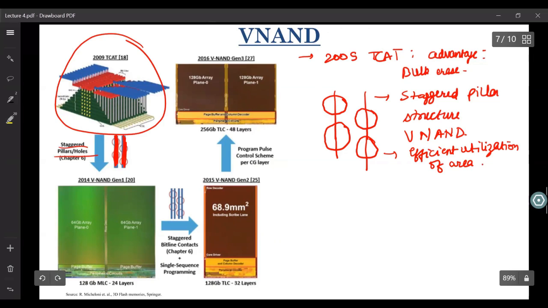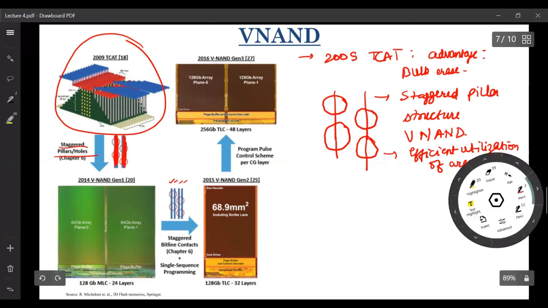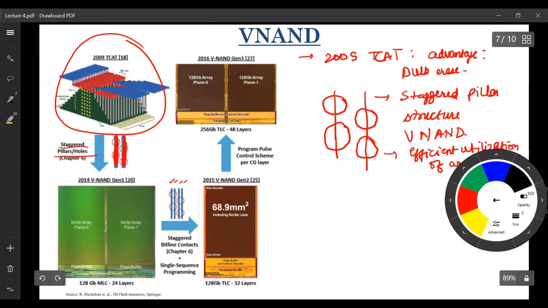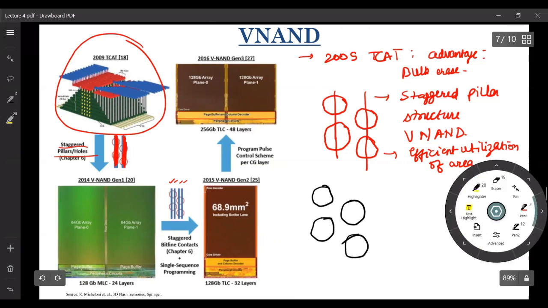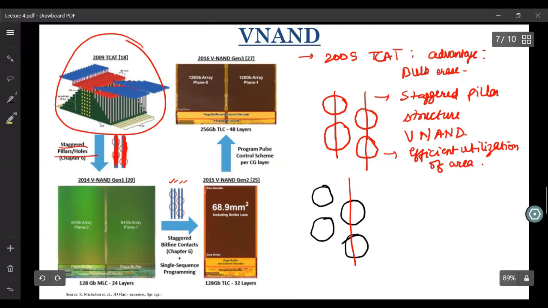Then they even staggered the bit line contacts. So instead of one bit line, they now had two bit lines. They had these staggered cells, staggered pillars like this, and instead of one bit line, they started using two bit lines.